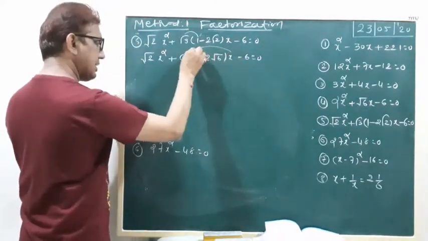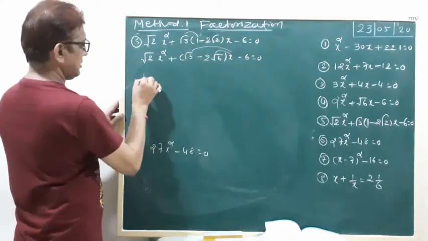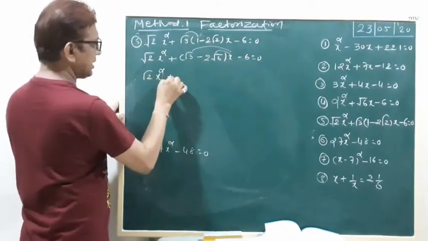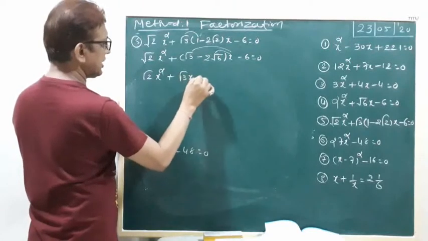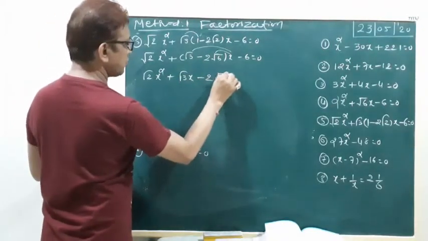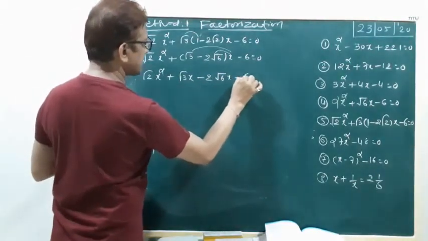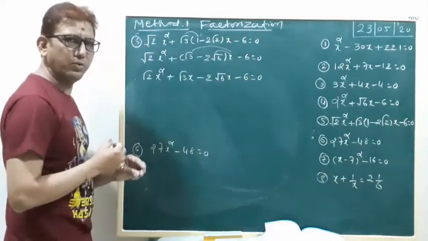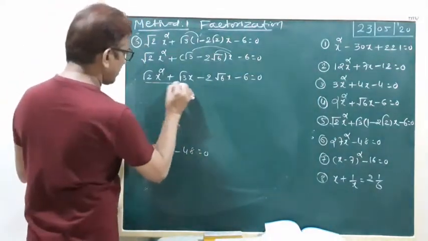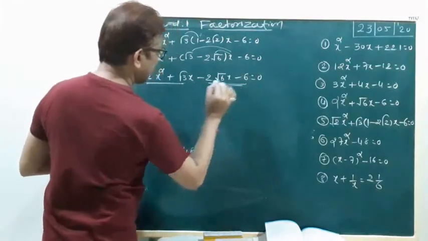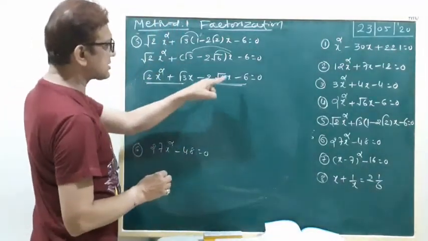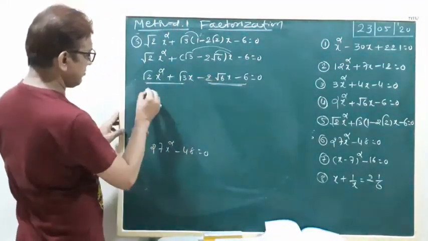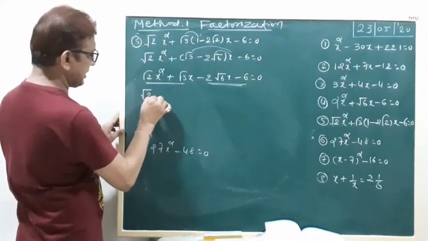Now multiply by here x. So root 2x square plus root 3x minus 2 root 6x minus 6 equal to 0. Is that clear? Okay. Now here, but we rearrange this term. Rearrange this middle term and last term. Again repeat.